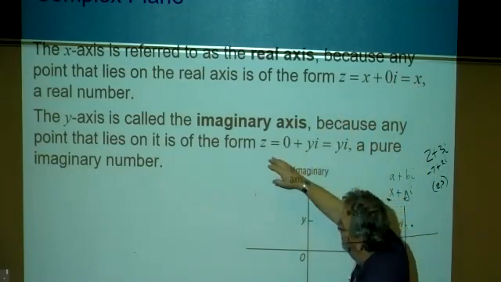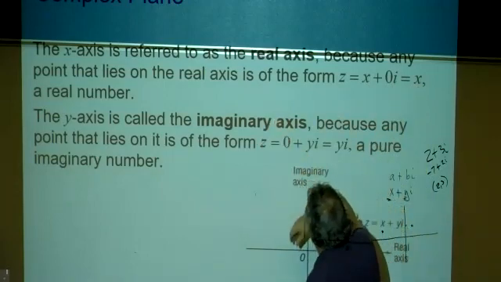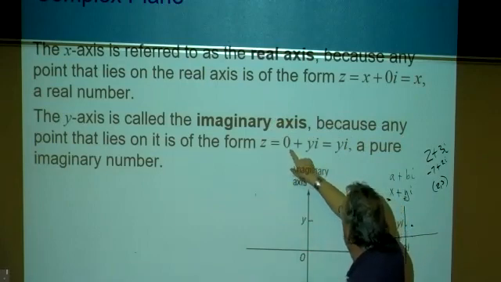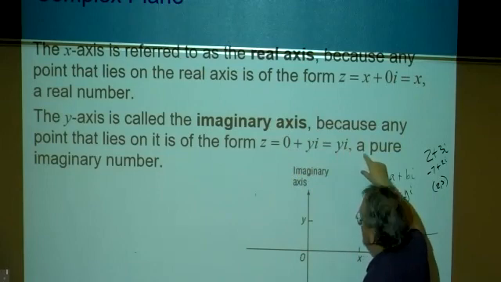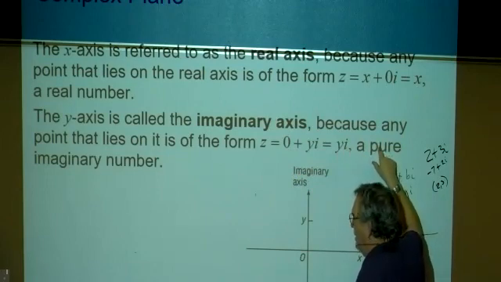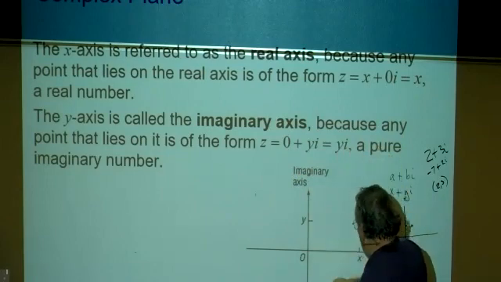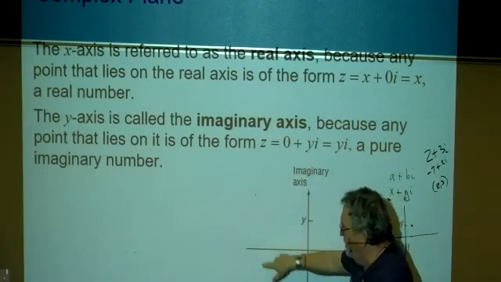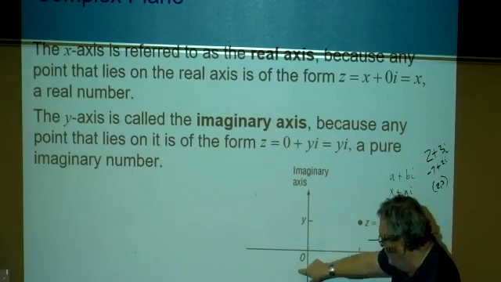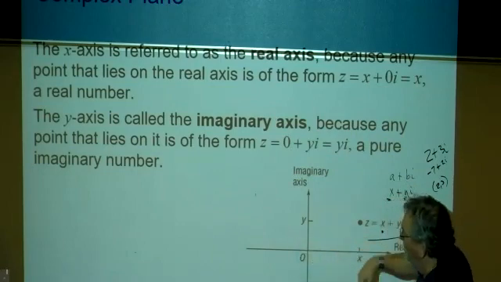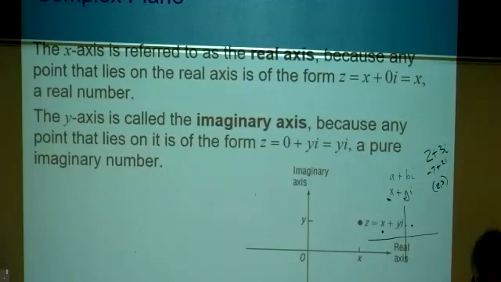And the y-axis is called the imaginary axis because now the x is 0, and so z equals yi, which is a pure imaginary number. So we call this the imaginary axis and this the real axis, and any point outside of those two are called complex numbers or complex points.